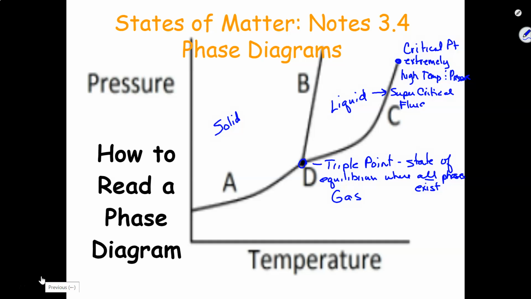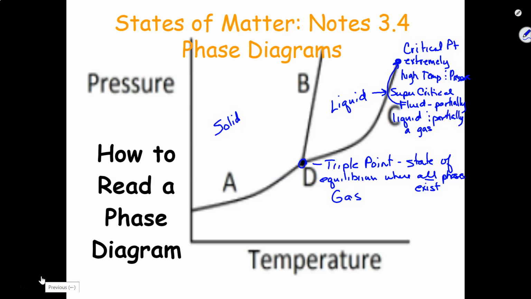That's what occurs at this point right up here when we have extremely high pressures and high temperatures. The supercritical fluid is a fluid that is partially liquid and partially a gas. So it is a mixture of those two.